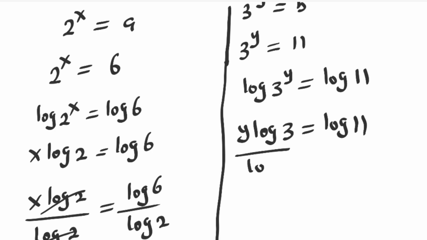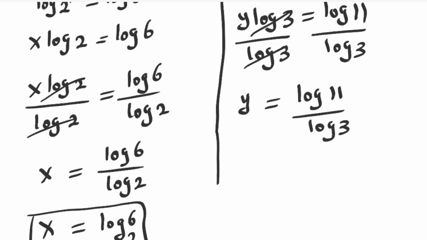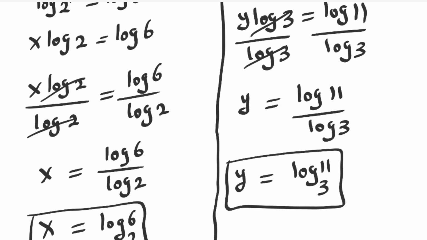Log 3 cancels log 3 here. y is equal to log 11 divided by log 3. y is equal to log 11 base 3. This is the value of y.